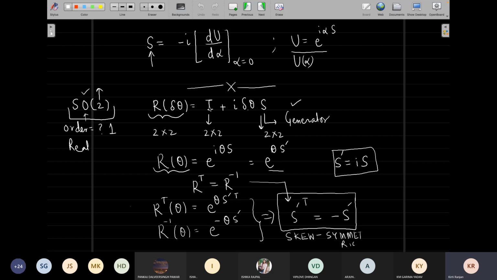Remember the conservation principles which you were telling me: whenever there is invariance under space translation, linear momentum is conserved. When there is invariance under rotation, angular momentum is conserved. So what is happening there? It is basically the generators which are getting conserved.